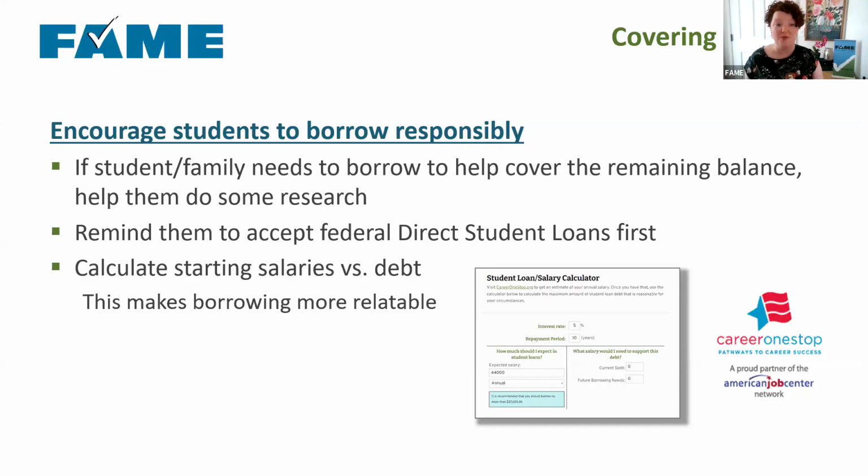So make sure they're accepting those first. And then really look at calculating those starting salaries versus how much debt they would have coming out. We have a student loan salary calculator on our website that you can use to work with students on figuring out how much more student loan they could take out and still be okay.